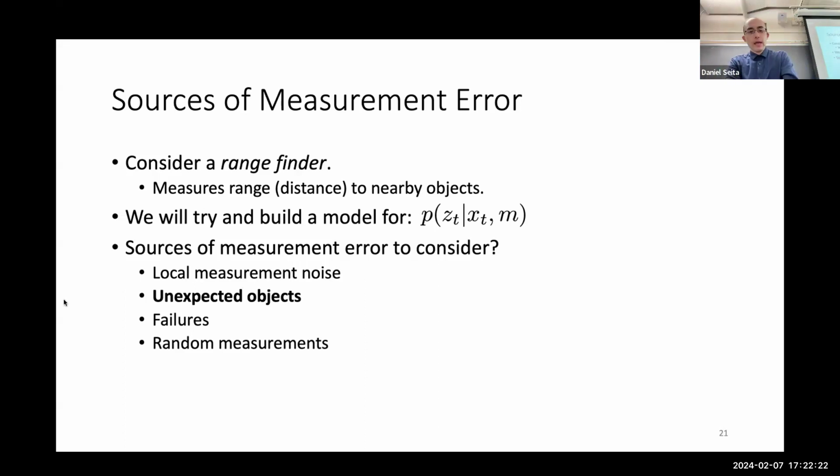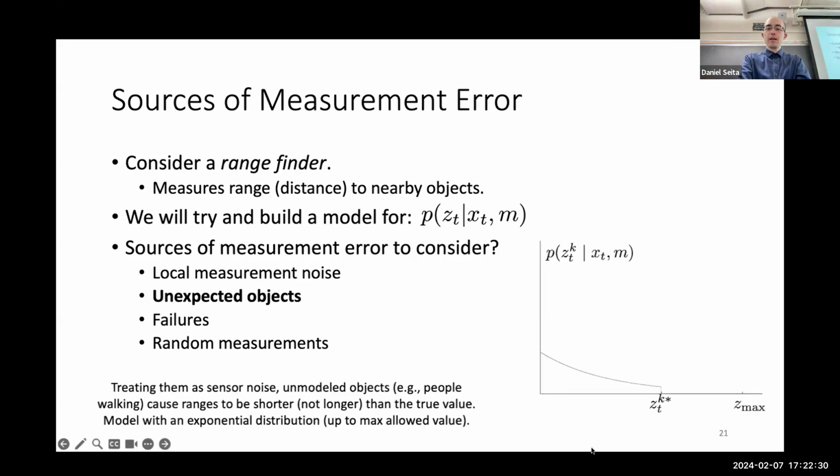All right. If we have unexpected objects, then one reasonable choice for modeling that error could be a distribution that looks like this, where this is our true distance, but the actual value that we get from the range sensor might be distributed according to this distribution.